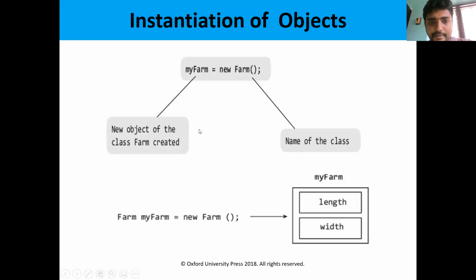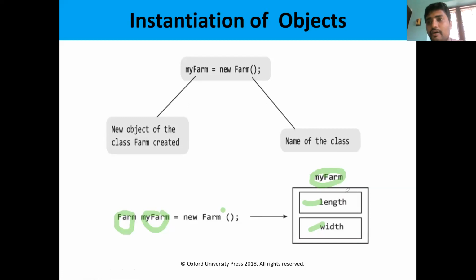So let's check one example. Here, form is a class name. myform is an object name, equal to new form. That means some memory will be allocated for the object myform, for length and width. The variables are length and width. You know the form example; in this classes and objects topic, we have taken the form example.